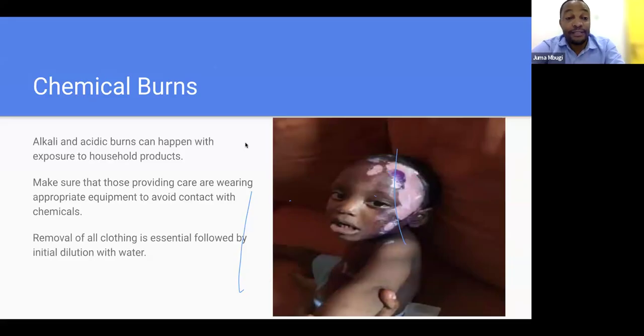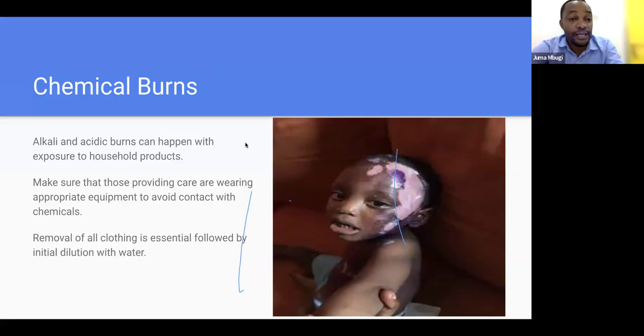Chemical burns are another type of burn that children can get, mostly from alkali or acidic burns, which happen with exposure to household products, most of the time products that are left within their reach. So we usually recommend putting those things out of reach of children.